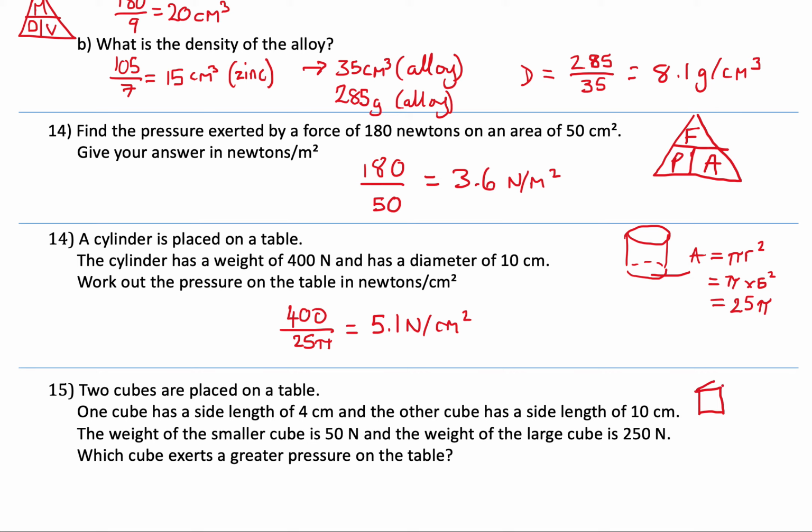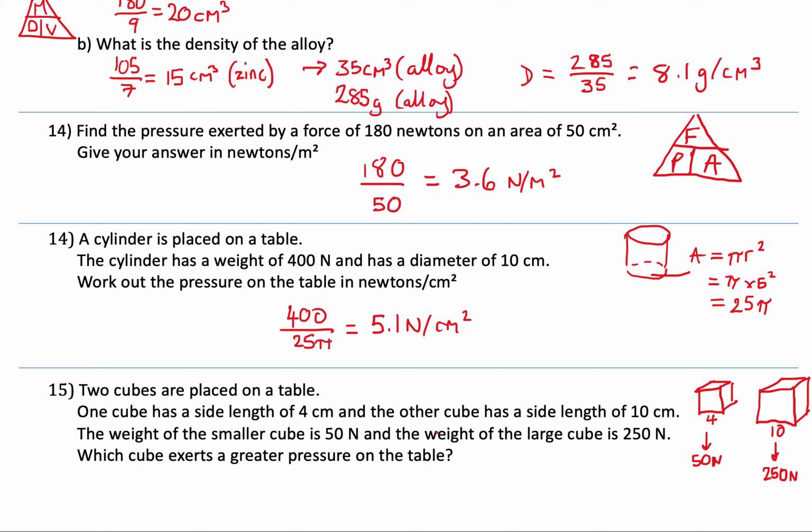We've got a smaller cube, side lengths of 4, and a larger cube with side lengths of 10, but the weight of the smaller cube is less than the weight of the larger cube. So which one is going to exert more pressure?